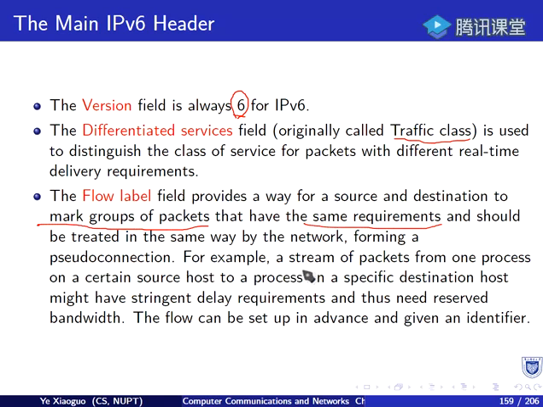For example, a stream of packets from one process on a certain source host to a process on a specific destination host might have stringent delay requirements and thus needs reserved bandwidth. Then the flow can be set up in advance and given an identifier. This is what the flow label can do.